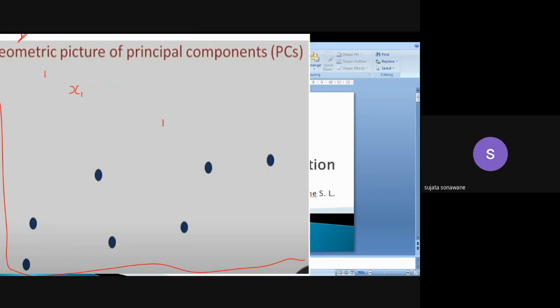Your x-axis represents x1 and your y-axis represents x2. So only two features are there, and you have to map this two-dimensional feature space. Now what do you want to do?